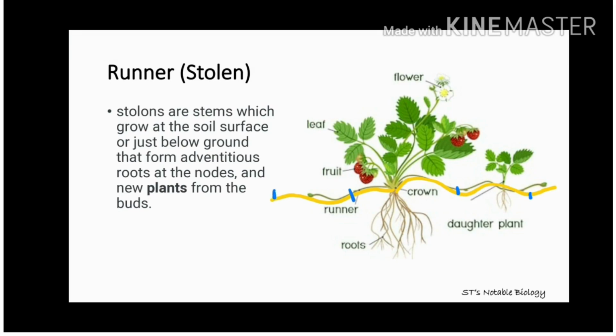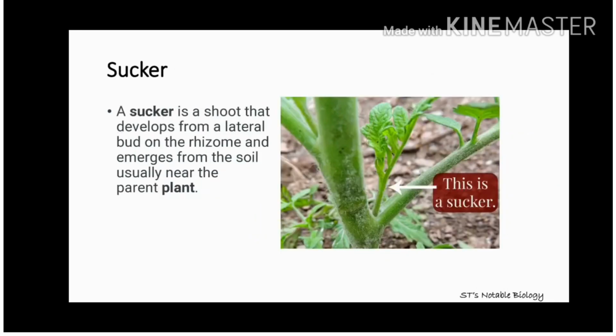Through these nodes there is an appearance of what? Adventitious roots, and at the point of the node there is growth of a new plant. Here you can see the growth of new plants. So these are examples of what? Vegetative propagules.